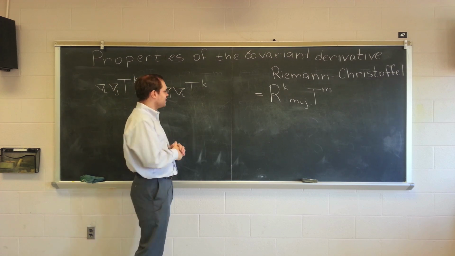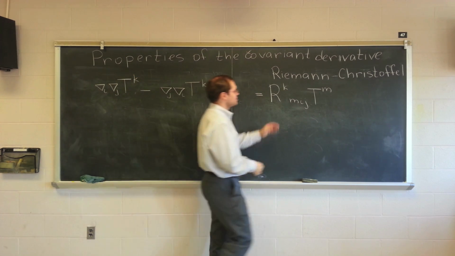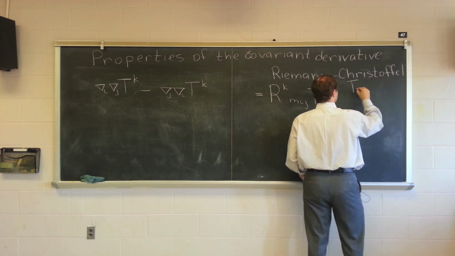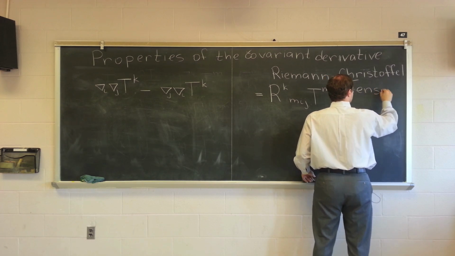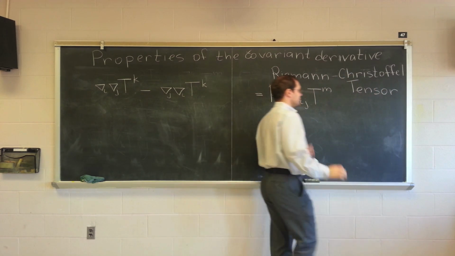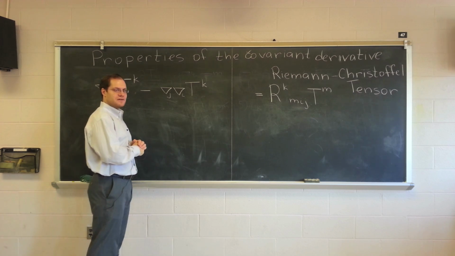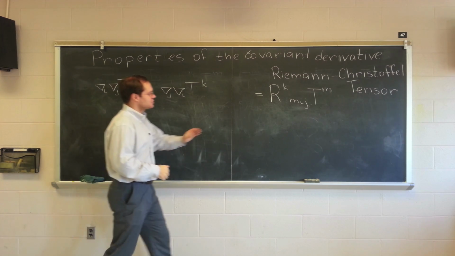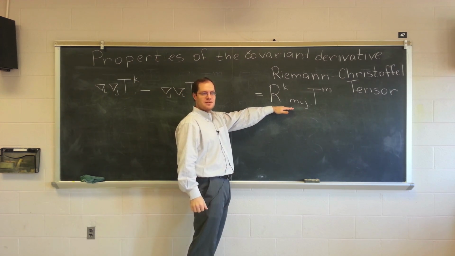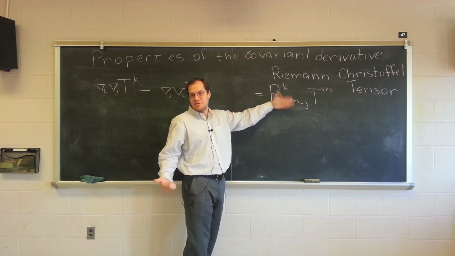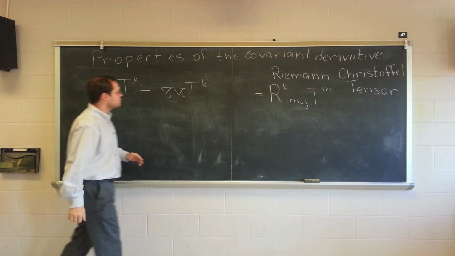It's Riemann and Christoffel. Okay, the Riemann-Christoffel tensor. One of the most basic and fundamental and beautiful objects you'll ever find. But if you were to expand it in terms of Christoffel symbols, kind of messy, which is not a problem. It is what it is.